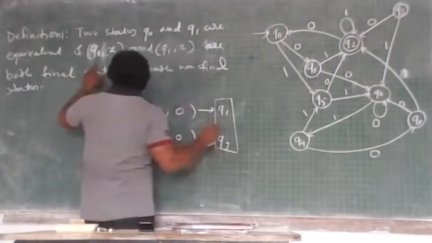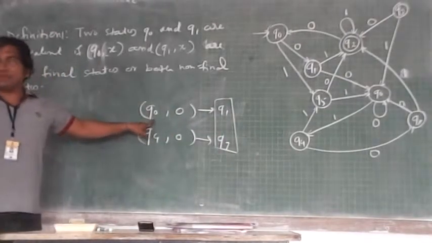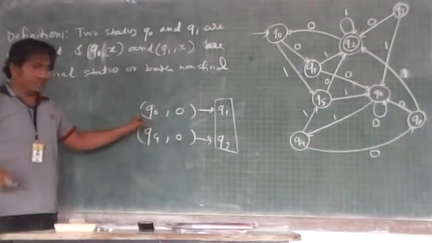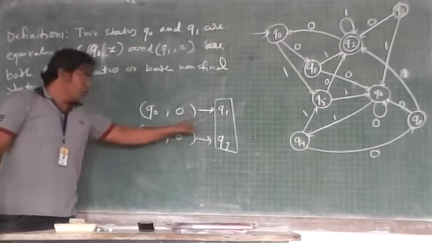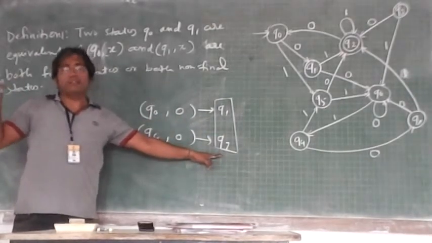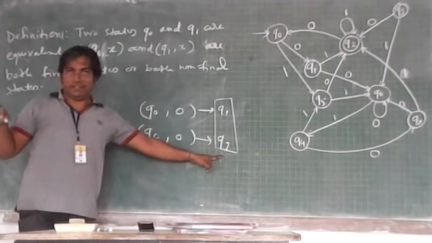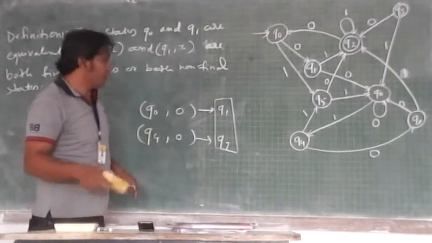So when you are finding the equivalence between two states, for every input 0 or 1, both states should go to final or both to non-final states. In that case you can say these two states are equivalent.